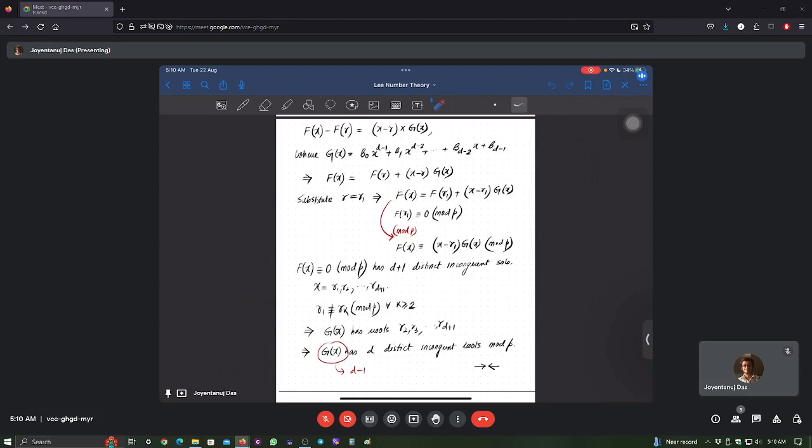These are d distinct incongruent roots modulo p. But the degree of gx is d minus 1, so it has more distinct roots than its degree. That's why it's a contradiction. Yes. Okay, so I think this is fine.